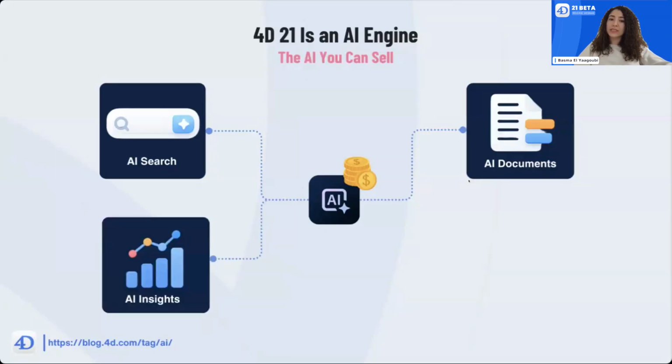Then you reach decisions, the hidden drain in every business. Imagine one 4D form becomes the place where users speak to their application and receive answers with context, as if an expert were standing beside them, helping them, guiding them.